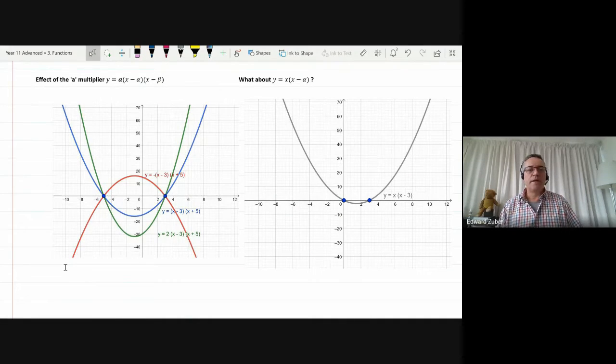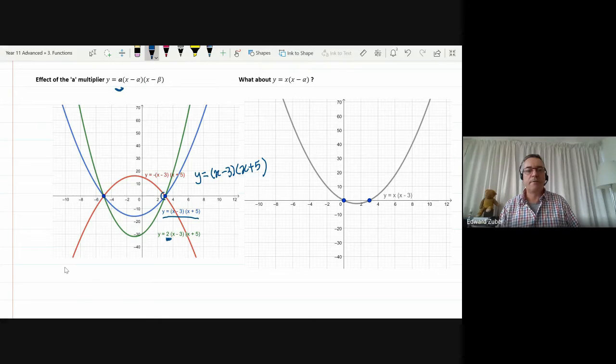Okay, let's remind ourselves of the effect of the multiplier if we have an a multiplier in front. So the blue curve here is just my standard, just multiplied by 1. Technically, the word is monic. There's the monic version. The green version is multiplied by 2.